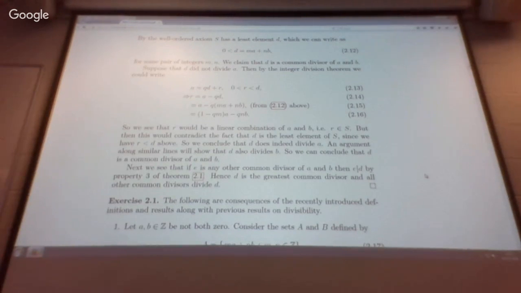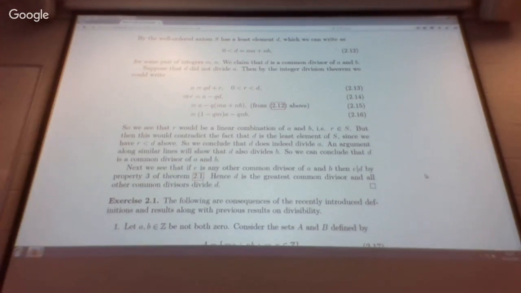If E is any other common divisor, so E divides A and E divides B, but then D is a linear combination of A and B, so this will imply that E divides D by property 3 of Theorem 2.1.